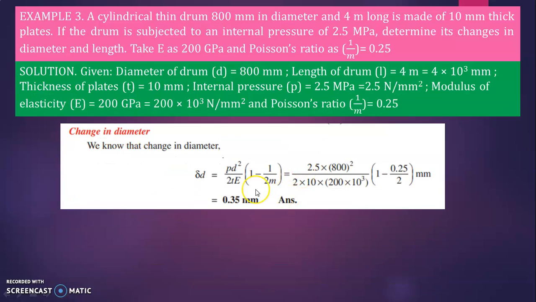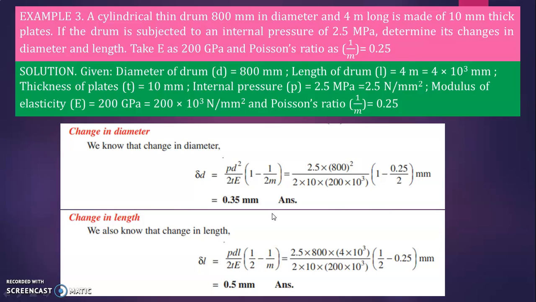So P is 2.5 and D is 800 square divided by 2 into thickness 10 into Young's modulus 200 into 10 raised to 3 into 1 minus 1 by m, which is 0.25, divided by 2. Okay, you get 0.35 mm.